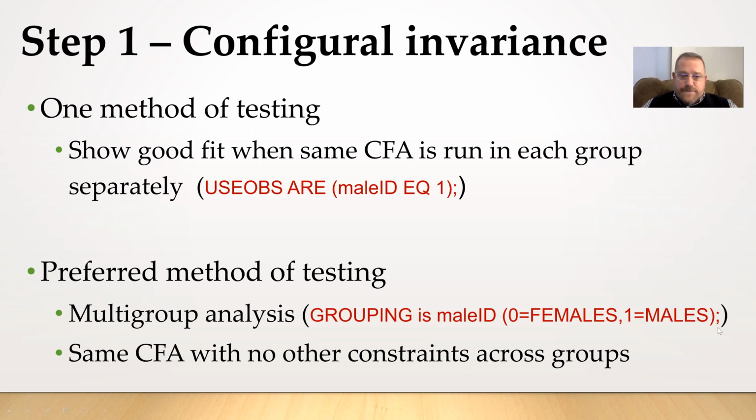And as you go to step 2, step 3, step 4, step 5, step 6, if you start with this multi-group, you're just adding new constraints to each model. So you're making an increasingly stringent test. And the way you can run a multi-group is adding this grouping is male and tell it what the things are, as I've already said.